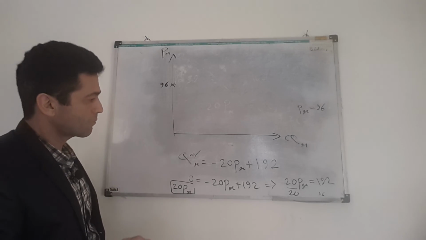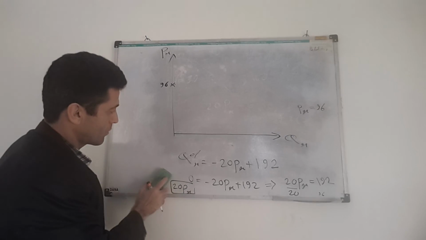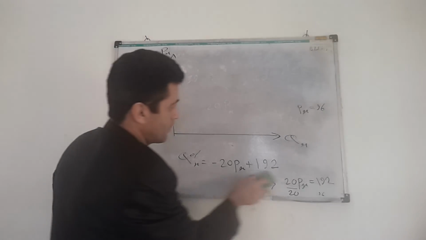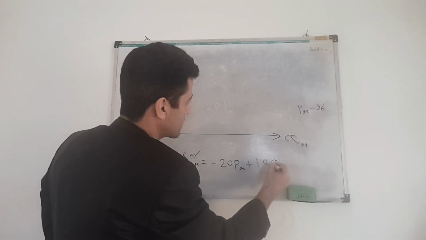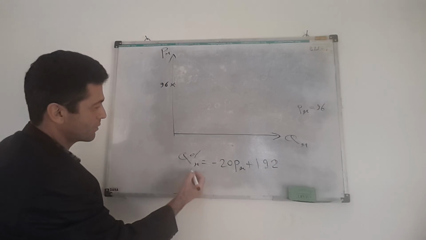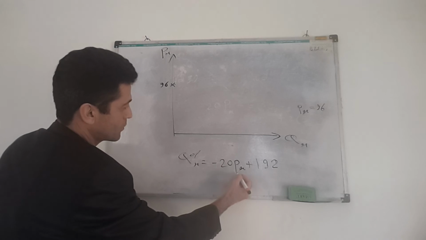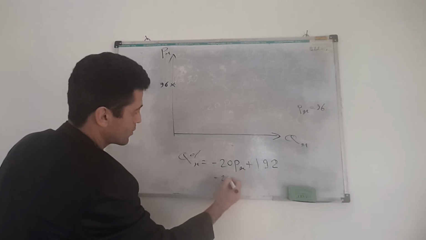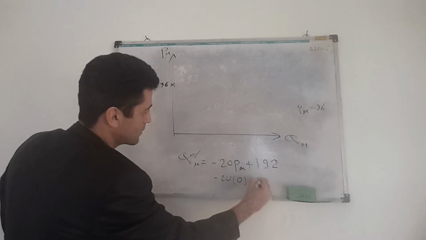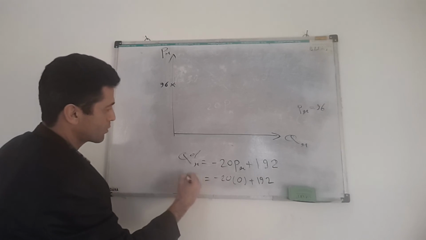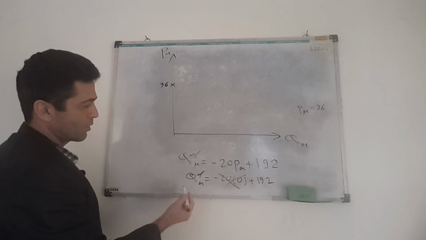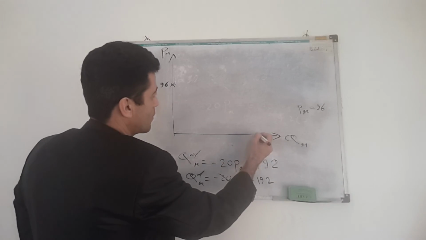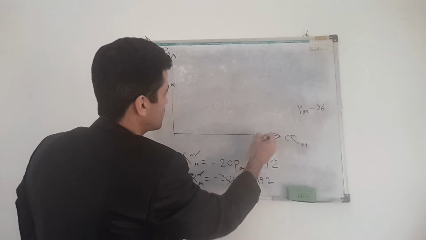And for the intercept on the x-axis, we consider the price of X equals 0: minus 20 times 0 plus 192 equals the quantity demanded for X. So the quantity demanded is 192.